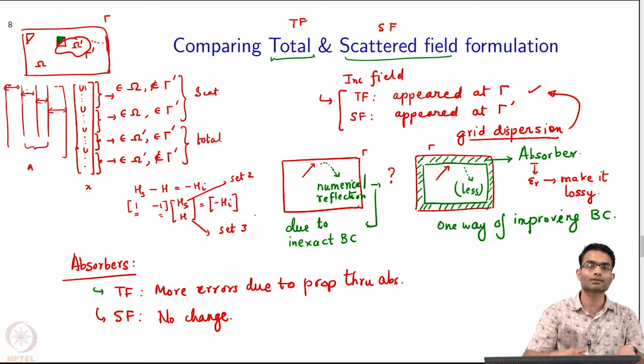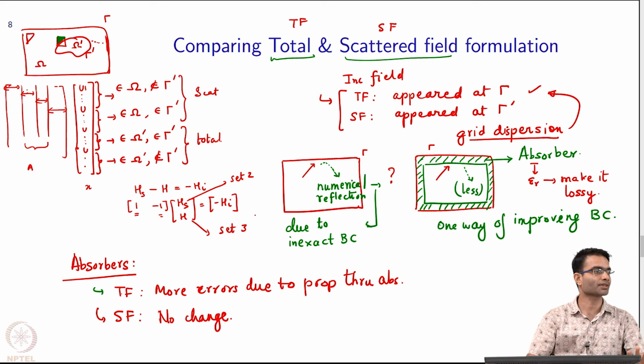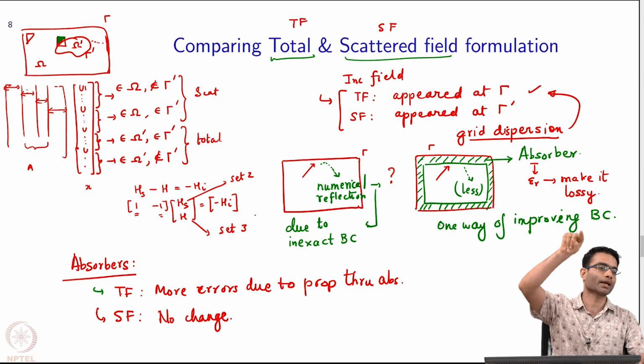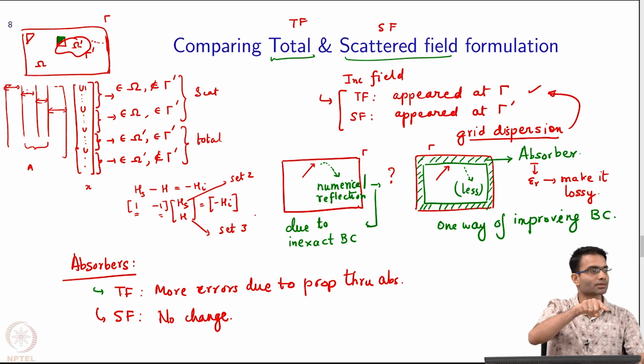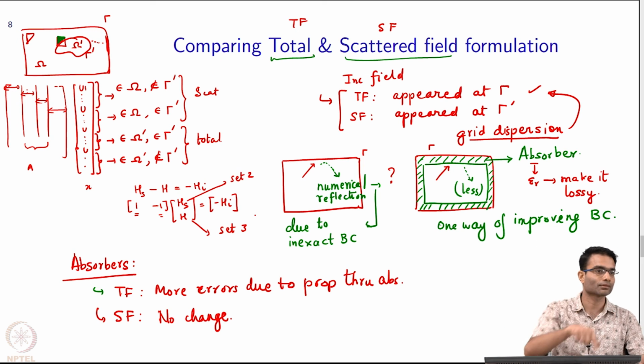H incident, that we know analytically. In the whole domain we know. But that does not enter into the system of equations. The system of equations accepts it only at gamma in the total field formulation. How does it enter? Because it is e to the minus j k dot r. What value of r are you putting? Only boundary edges, nowhere in between.